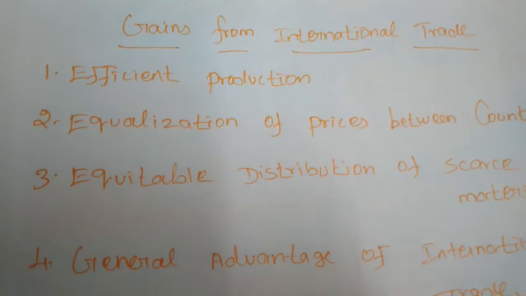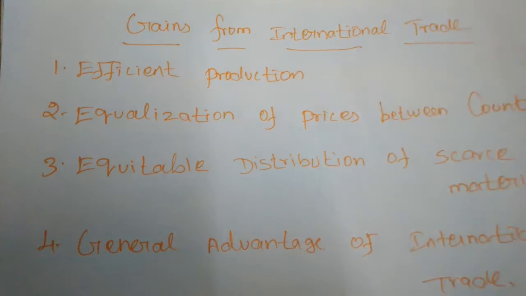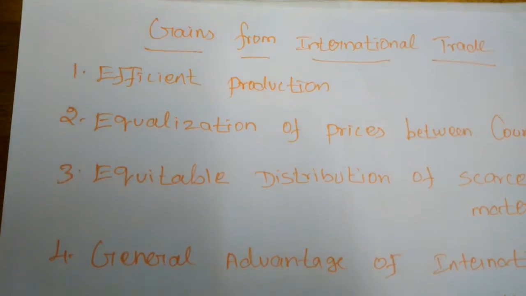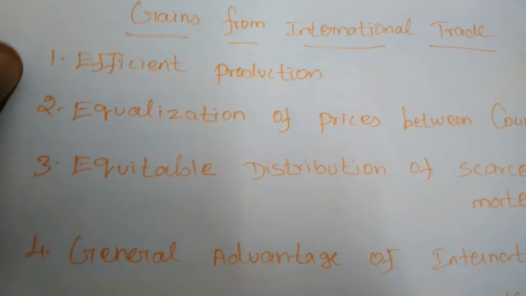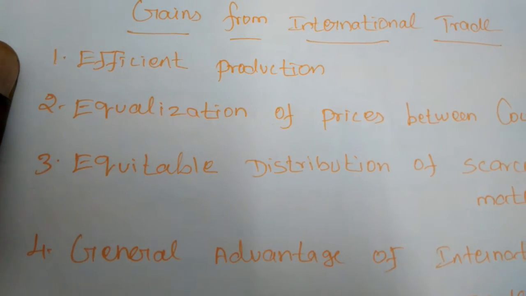Okay students, next we will study the gains from international trade, or advantages of international trade. When we are involved in international trade, what are the advantages we can get? First one, efficient production.